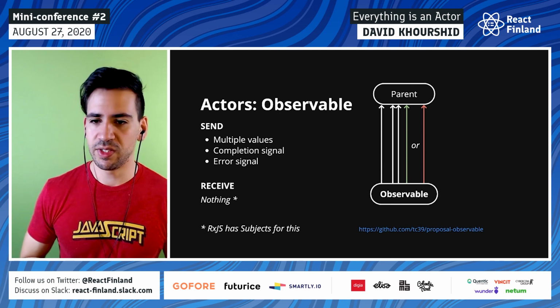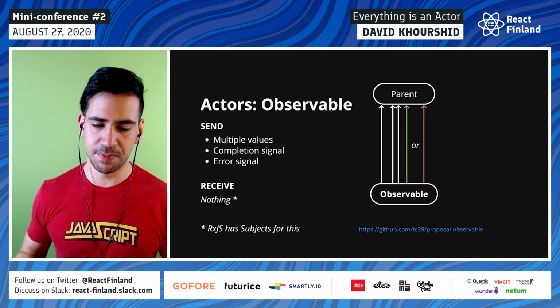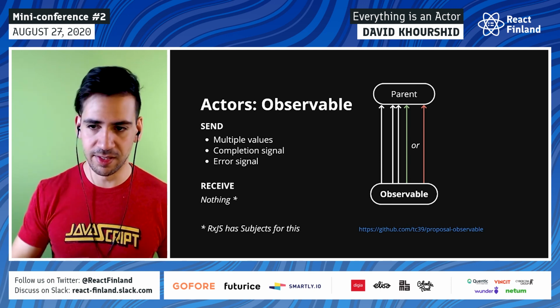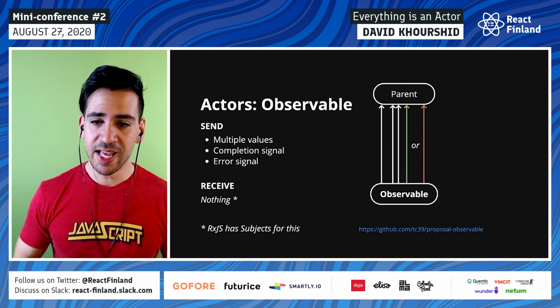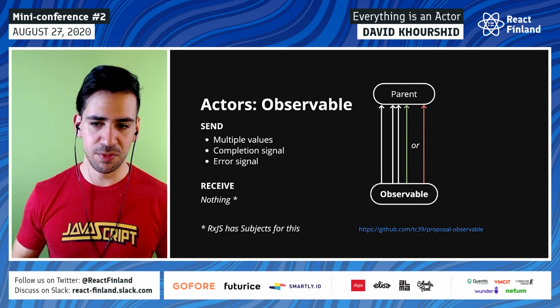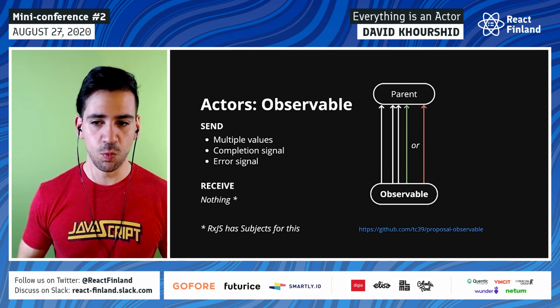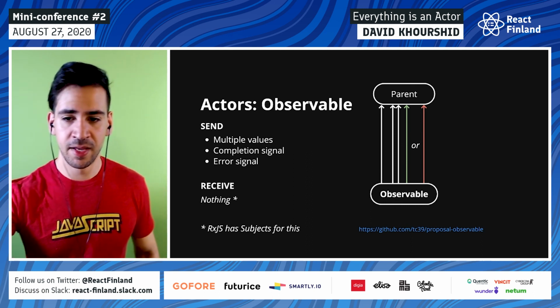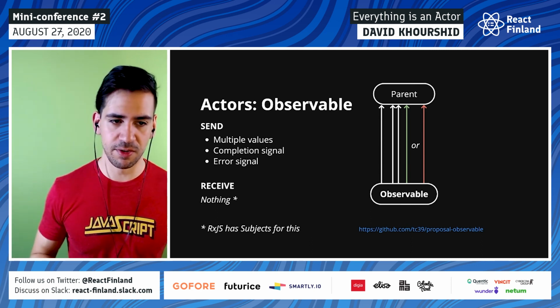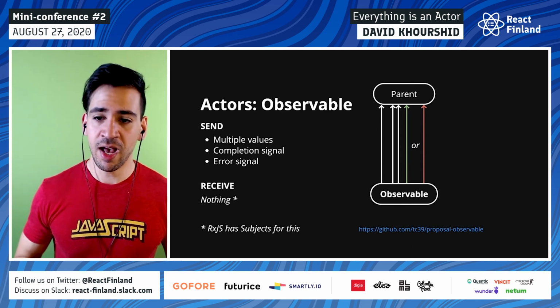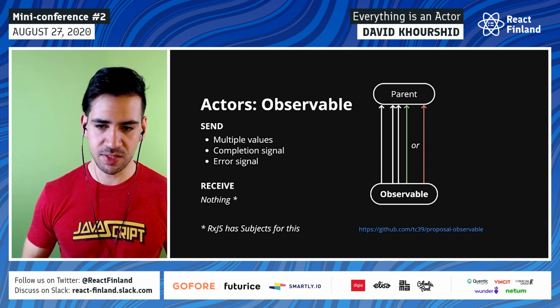In the TC39 observable spec, which hasn't been accepted or finalized, but we're still going to use it, it isn't specified that observables can receive any events. So in essence, they're one-way streams of data. However, RxJS, which is a very popular observable library, has what are known as subjects for this.